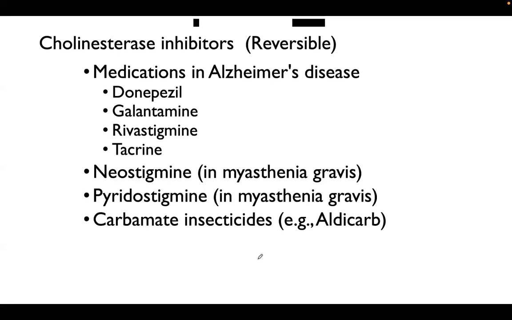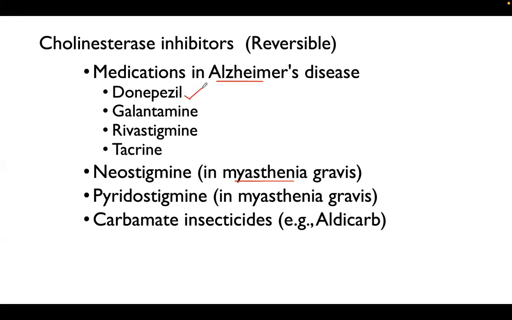Now, for the cholinesterase inhibitors, we have reversible and irreversible cholinesterase inhibitors. We use the reversible cholinesterase inhibitors in Alzheimer's disease, as well as myasthenia gravis. Donepezil is first line.